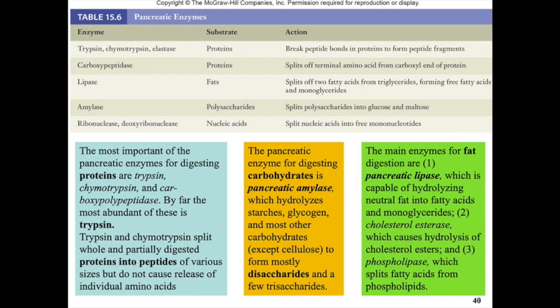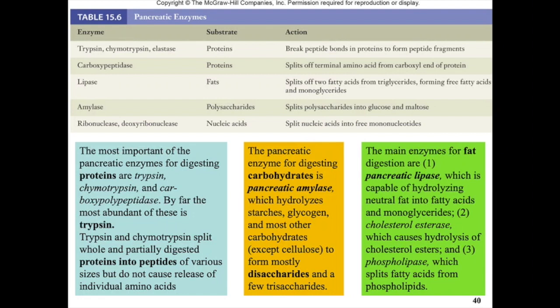For protein, the pancreas will produce enzymes that are also inactive, but the final enzymes are trypsin, chymotrypsin, and carboxypolypeptidase. The most important one is trypsin. So this will take care of the proteins.